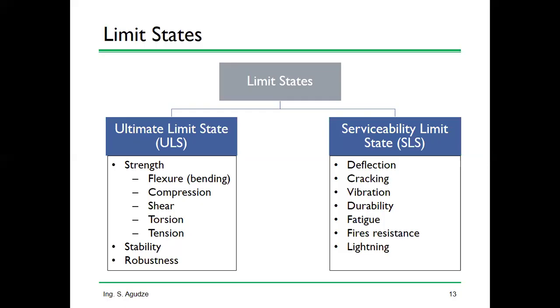But if we want to look at serviceability limit state, which has to do more with comfort and appearance and functioning of the building, we have to check the deflection, cracking, vibration, durability, and so forth. So these are some examples of criteria we have to fulfill in terms of the limit state design. Okay. All right.